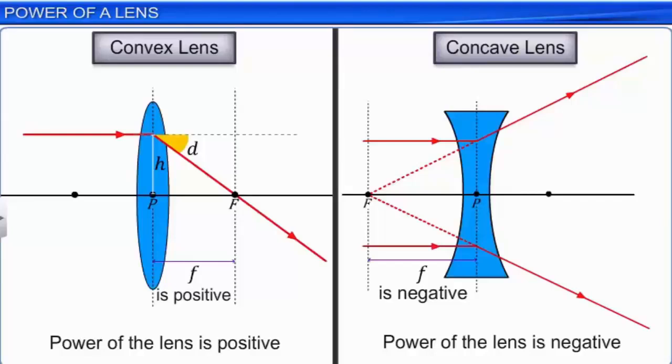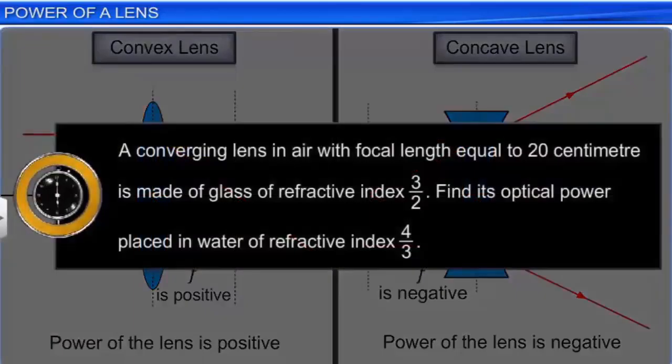It is given that refractive index of glass Ng is equal to 3/2. Focal length of the lens in air f equal to 20 cm or 1/5 meter.